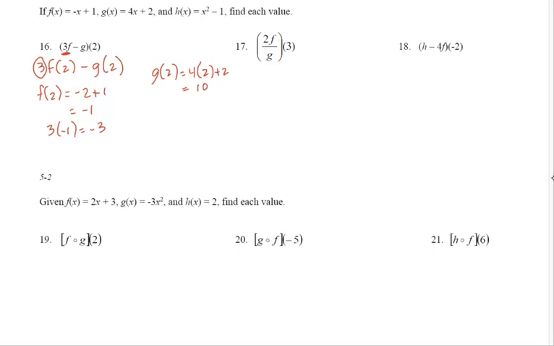So my final answer is going to be taking this 3 times f of 2, the -3, and subtracting from it the g of 2, which is 10. And so my final answer is -13. All right, so basically find each of these results, and then you subtract them.